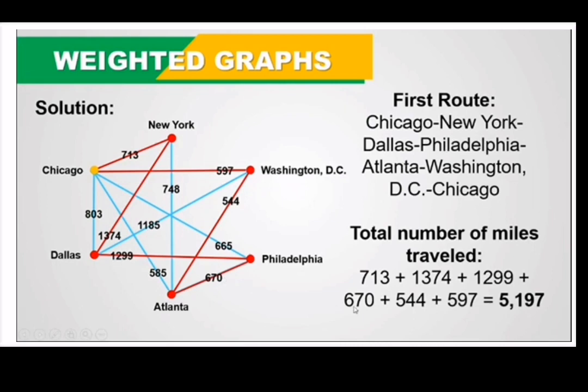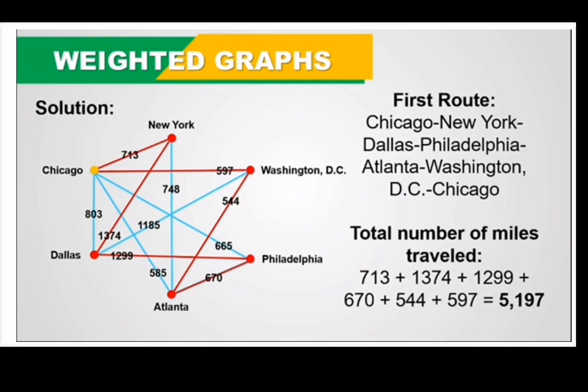From Atlanta to Washington, D.C., that is 544. From Washington, D.C. to Chicago, that is 597. We just add the weights of the corresponding edges to get the total number of miles traveled. So we get 5,197. This means that we will be traveling 5,197 miles if we follow the first route.